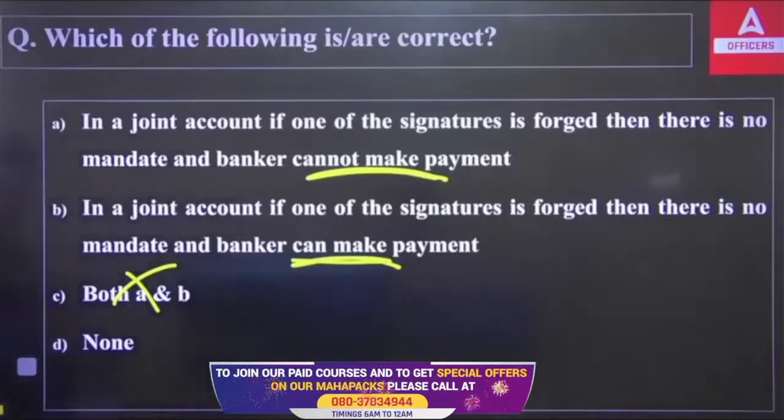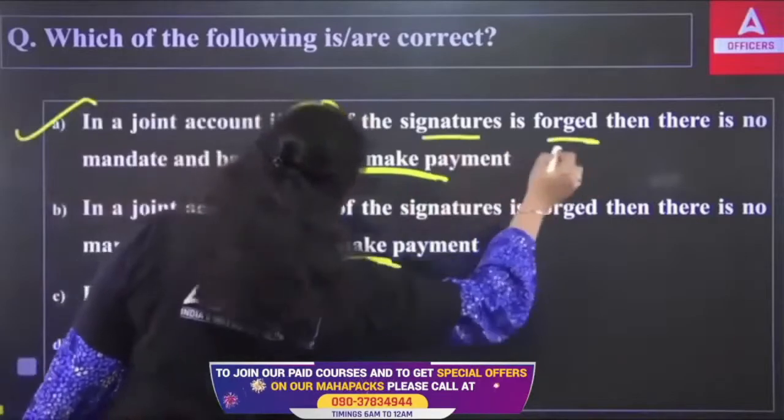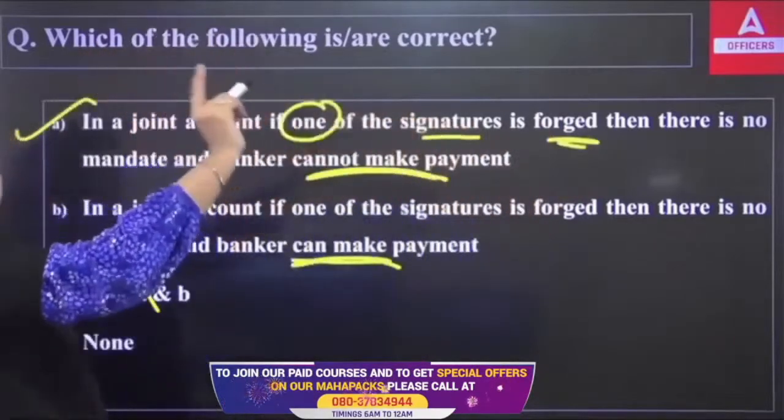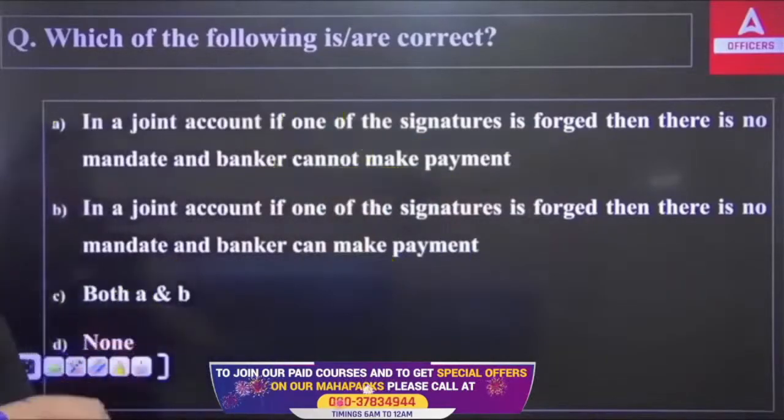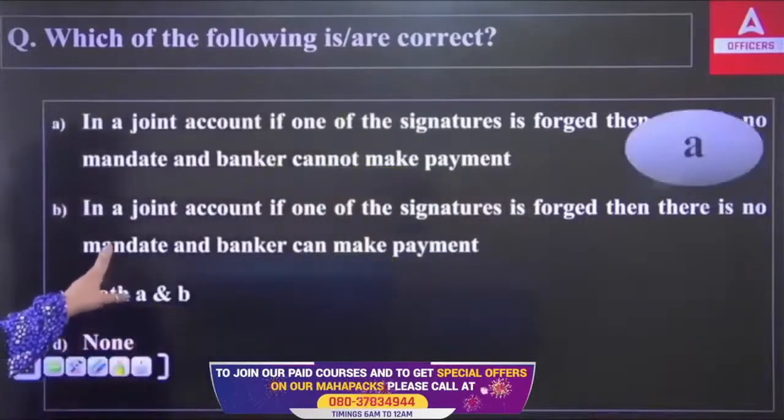It can't be C. Okay, so the right answer is: in a joint account, if one of the signatures is forged, then there is no mandate, and the banker cannot make payment in such a situation. So the right answer is A.